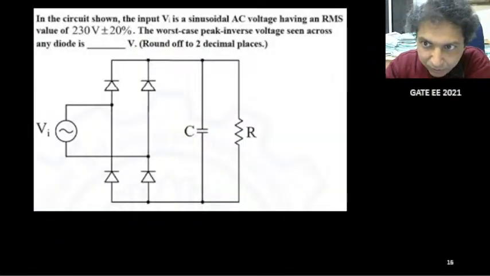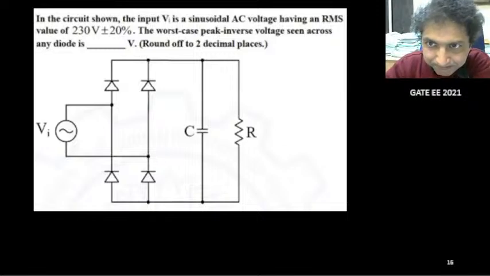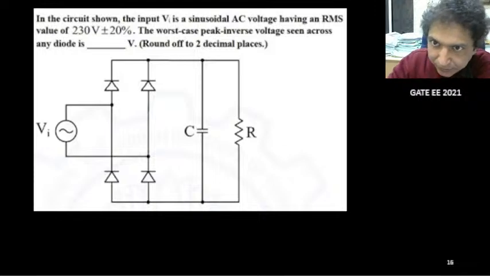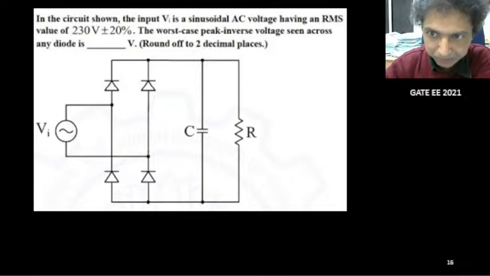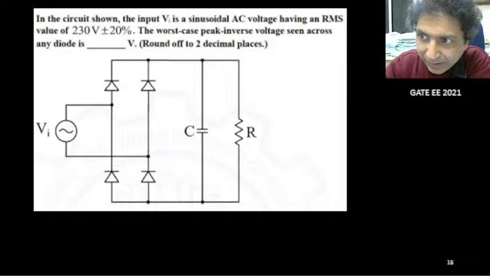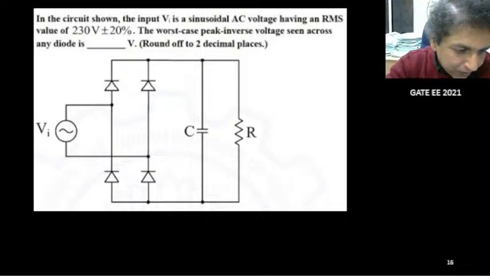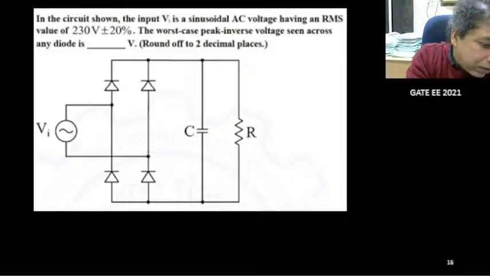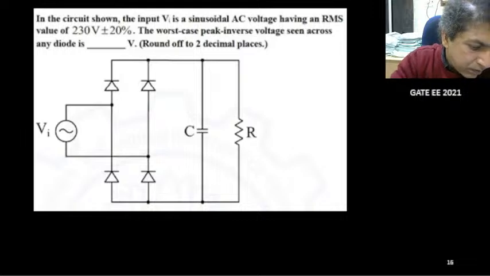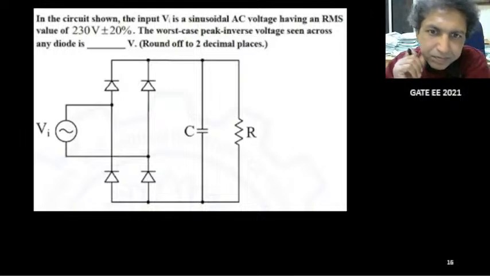Now this is the next problem. Can you solve this thing? This problem appeared in GATE 2021. It's an interesting problem. Okay.